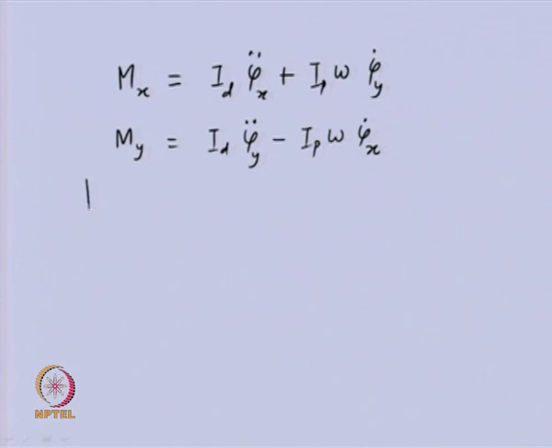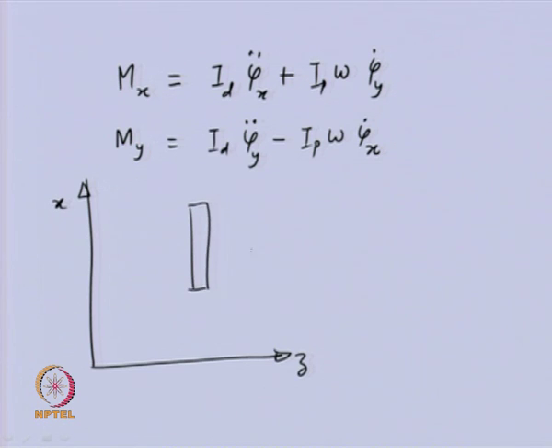So I am drawing the free body diagram of the disc in the zx plane. This is the disc, and this is the x displacement of the disc, the translatory displacement. Apart from that, it is tilting in the positive y direction, that is phi y.